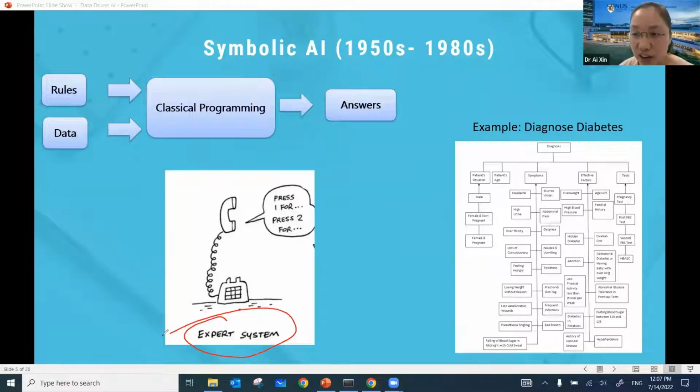You may not have heard about expert systems, but I do think you have the experience of calling your favorite bank, and then they ask you to press 1 for something, press 2 for something, right? Sometimes that can be quite annoying. Behind this telephone system is a typical expert system. They set up very specific rules. If you press 1, they will direct you to a certain function. If you press 2, they will direct you to another set of functions.